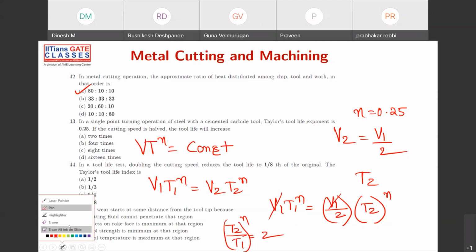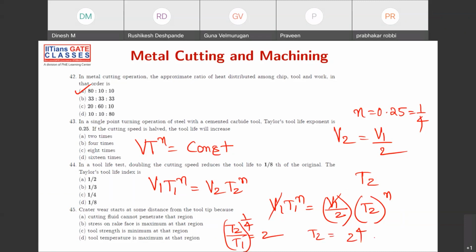What is n? n is nothing but 0.25. Can I write 0.25 as 1 by 4? Am I right? Yes. If I write 0.25 as 1 by 4, then obviously what will happen? T2 is equal to 2 to the power of 4 into T1.